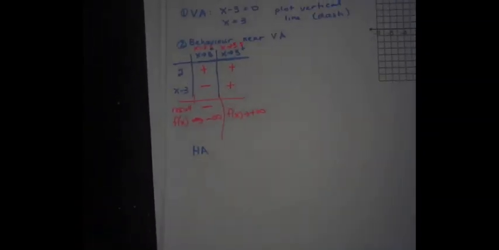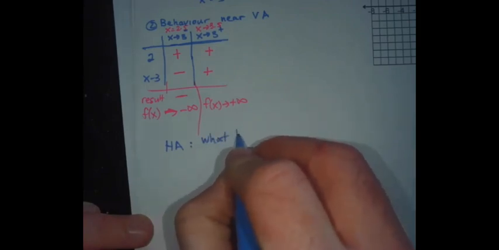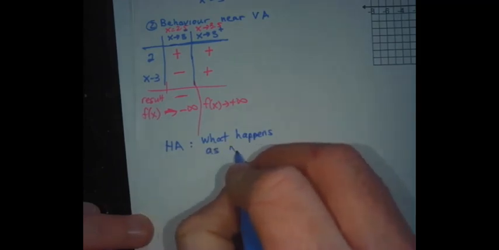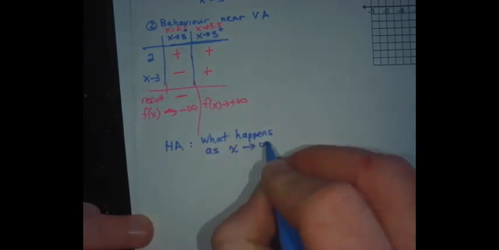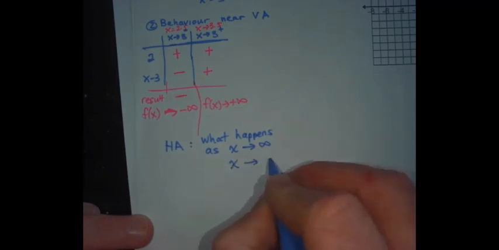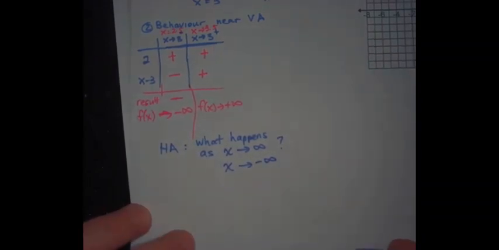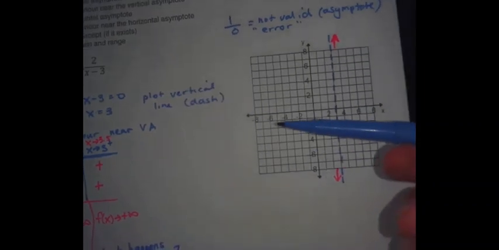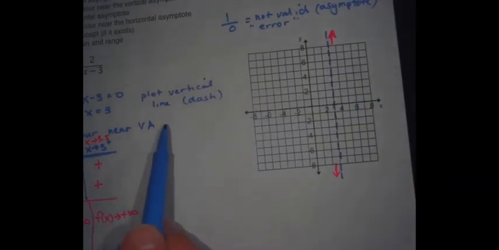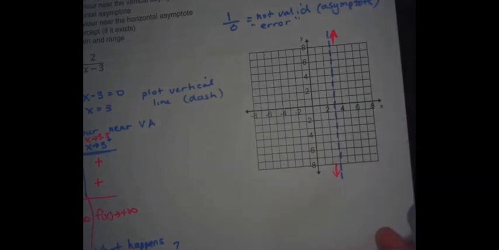If I scroll up to here, the horizontal asymptote tells us what happens as x gets really, really big, and what x is doing as it gets really, really small. So this is the question that we want to answer. As we do this graph, what happens when we get really, really negative here, and what happens when we get really, really positive here? And that's kind of the idea.